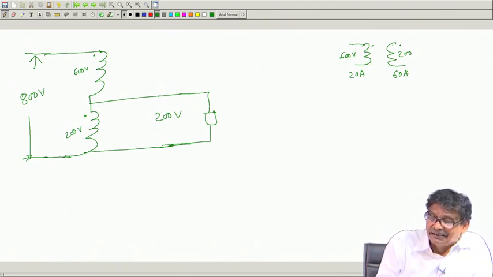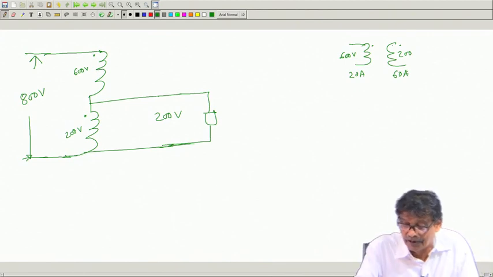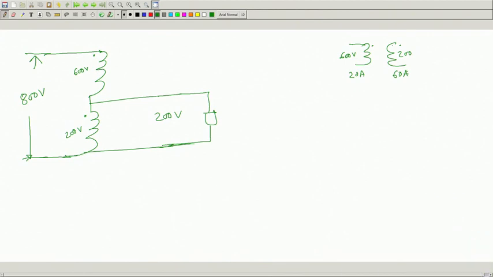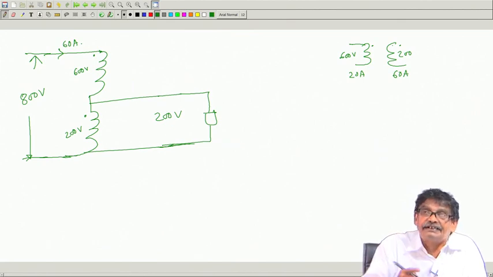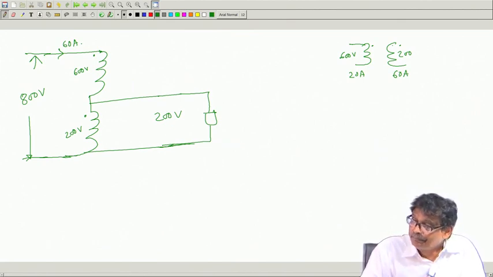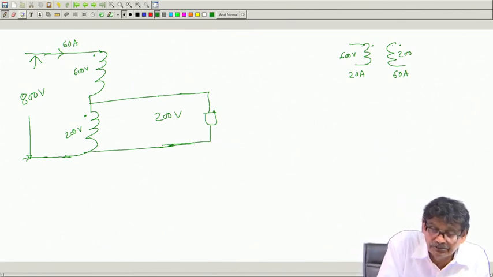Therefore, I can say that under no circumstances should you draw more than the maximum possible load current here, that will yield 60 ampere here, because that is the rated current of this winding. Oh, I am so sorry, this is 20 ampere.